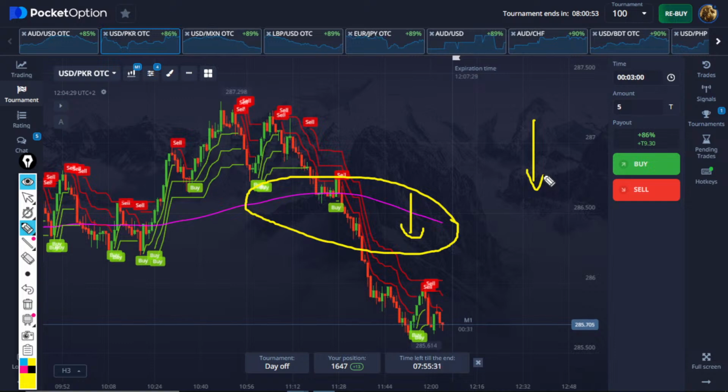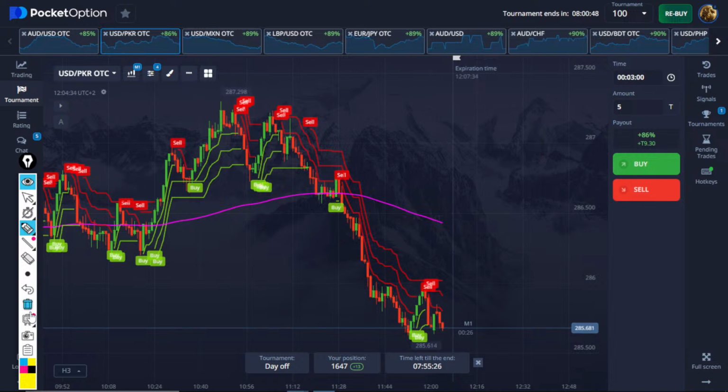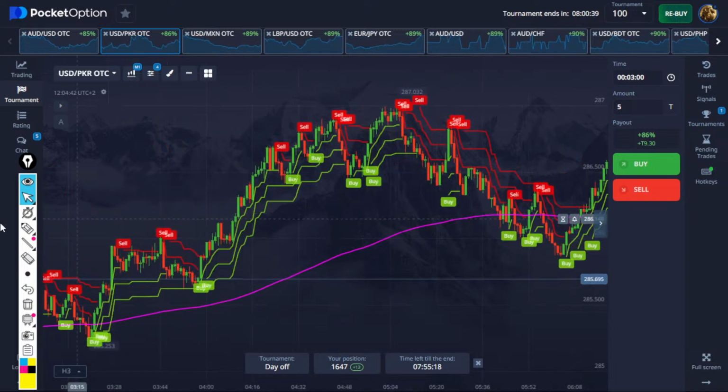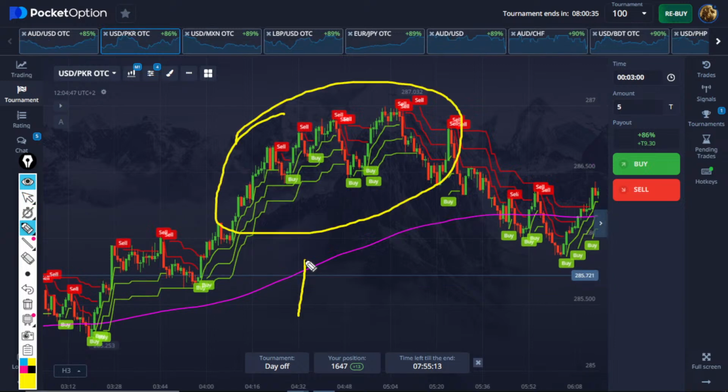Alright, and when the price is moving above the 200 moving average, like for example in this case, we only take buy positions.